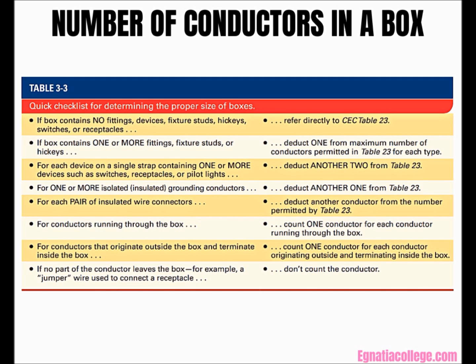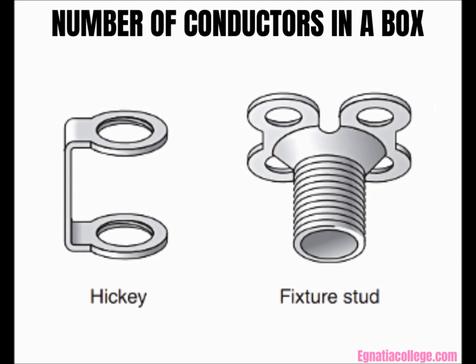For assistance in this case, see Table 3.3. When the box contains one or more fittings, such as fixture studs or hickeys, the number of conductors must be one fewer than shown in the table for each type of device.